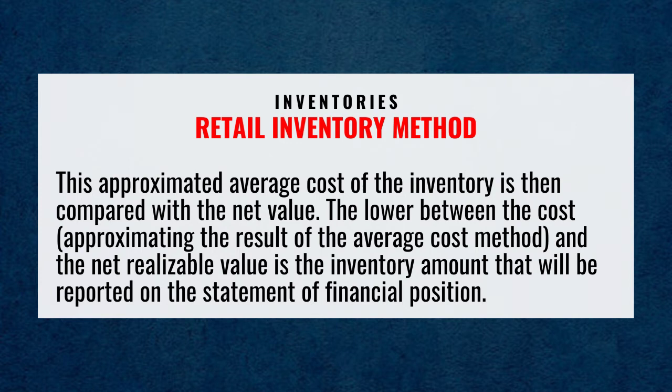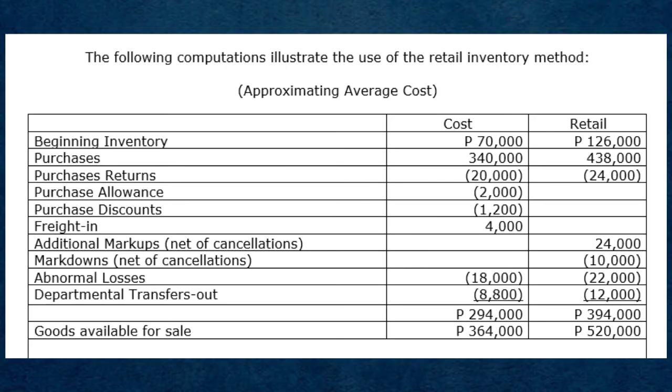The lower between the cost approximating the result of the average cost method and the net realizable value is the inventory amount that will be reported on the statement of financial position. The following computations illustrate the use of the retail inventory method.